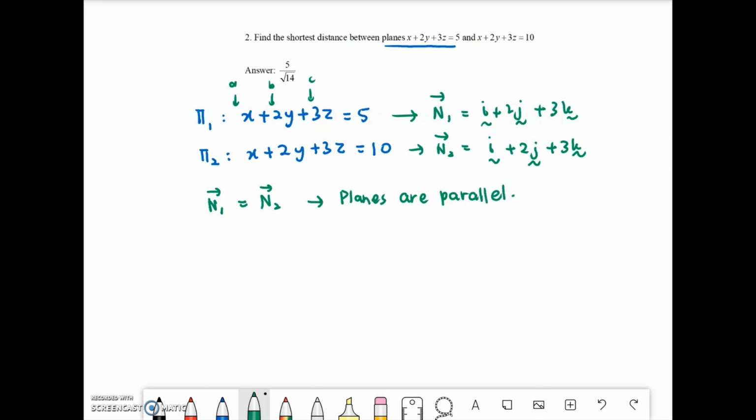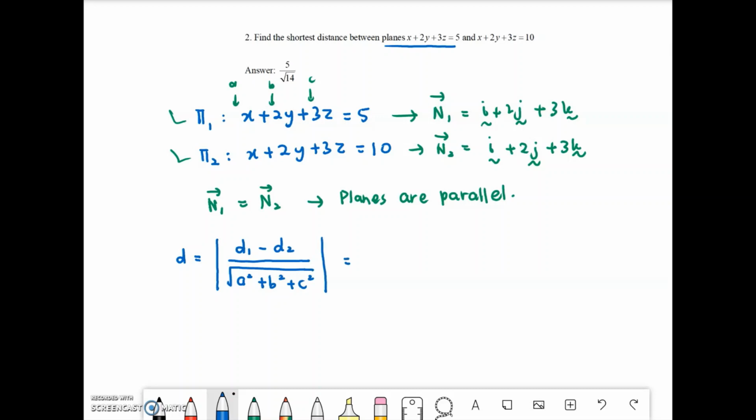So since the planes are parallel, we can find the shortest distance between these two parallel planes, given the equations of plane 1 and plane 2. The formula for finding the distance falls under case 2, where the formula is d1 minus d2 divided by square root of a square plus b square plus c square.